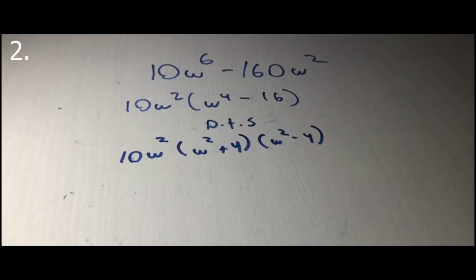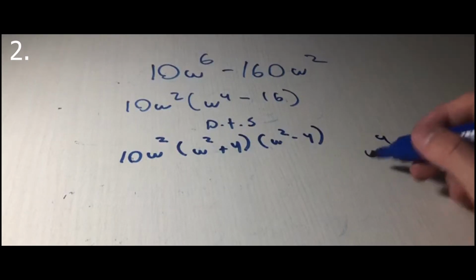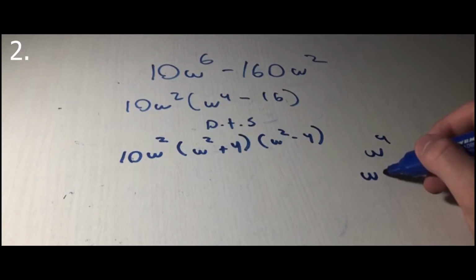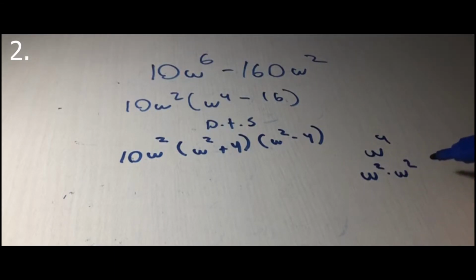Right now what we have to do is to simplify, and how we're doing this, let's find out. w to the 4th is the same thing as w squared times w squared, and 16 is 4 times 4, so that's a perfect square number.